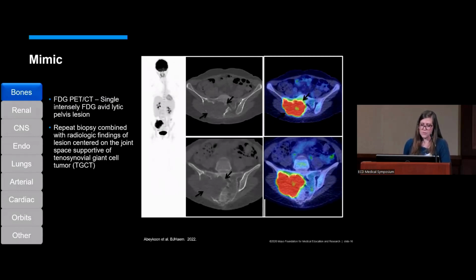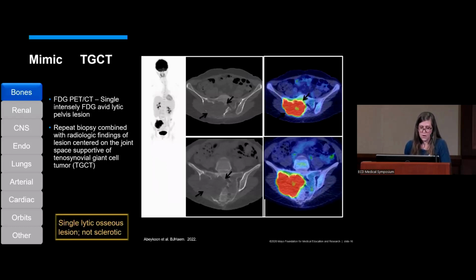So these findings didn't really go along with the suspicion for ECD, so they re-biopsied it, and the biopsy results combined with the findings of a lytic lesion centered on the joint supported a diagnosis of tenosynovial giant cell tumor. Again, lytic lesions are not characteristic of ECD.